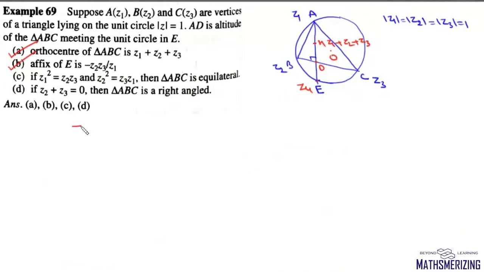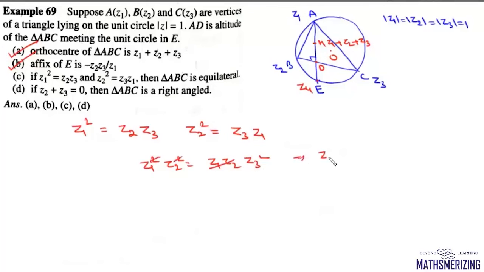Now this third one: if Z1 square is Z2 Z3 and Z2 square is Z3 Z1, then triangle ABC is equilateral. Now we multiply them, we can write Z1 square times Z2 square will be equal to Z1 Z2 into Z3 square. Now we can cancel this Z1 Z2.